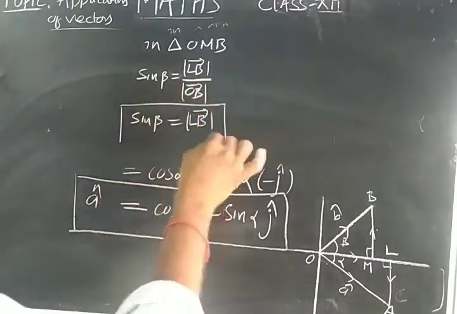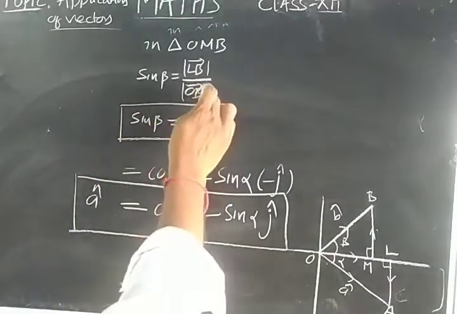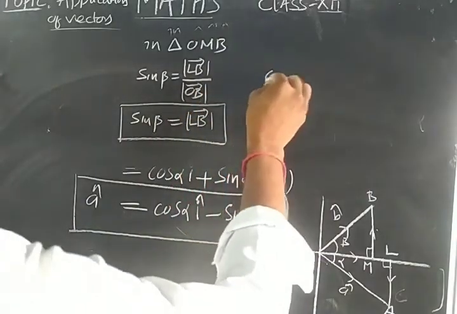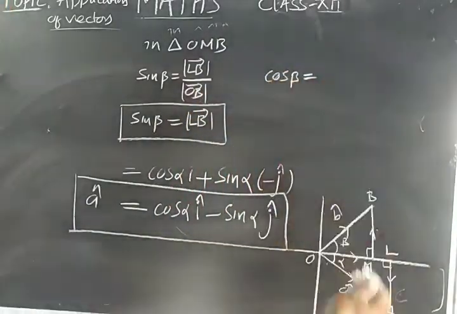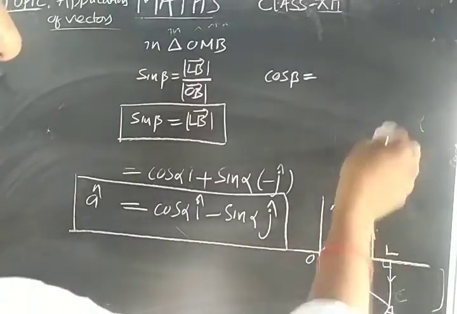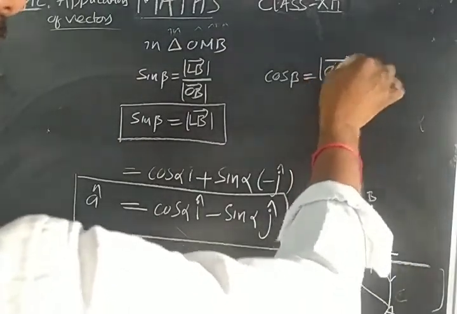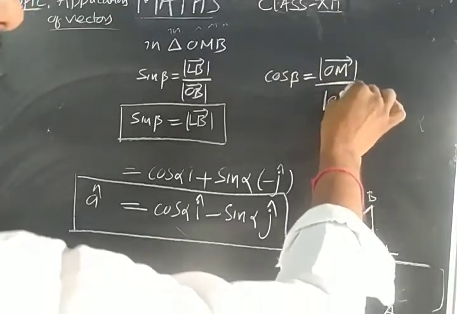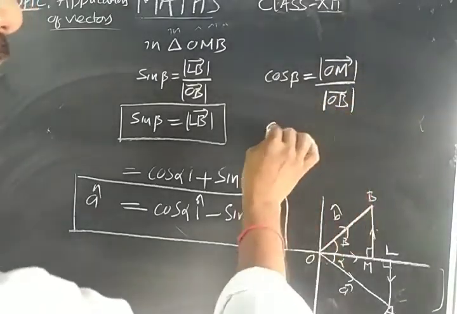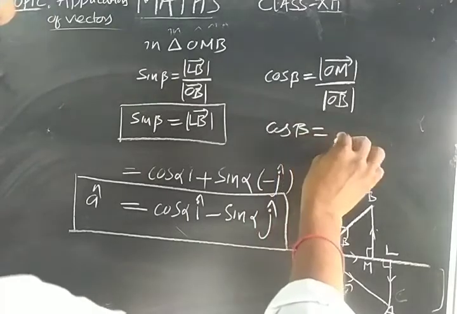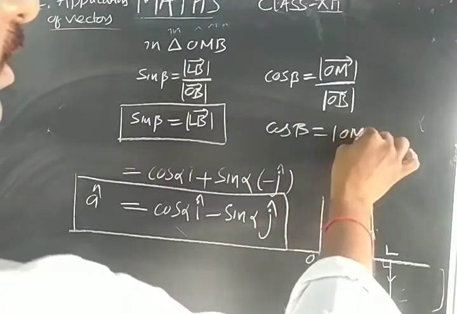Next, cos beta is adjacent. What is adjacent in this triangle? OM vector length by again OB vector length. So you will get cos beta is equal to only OM length.